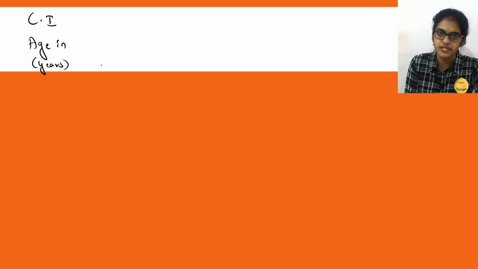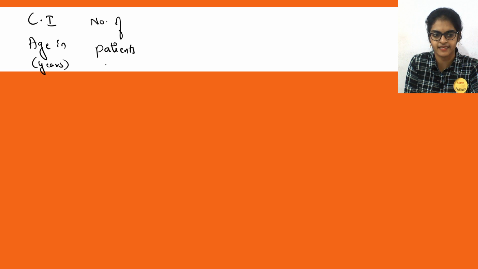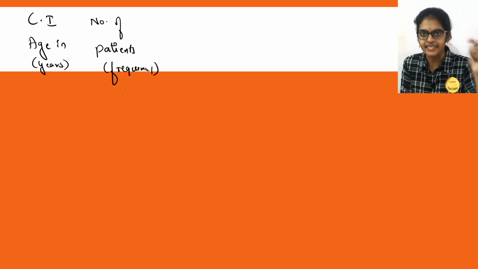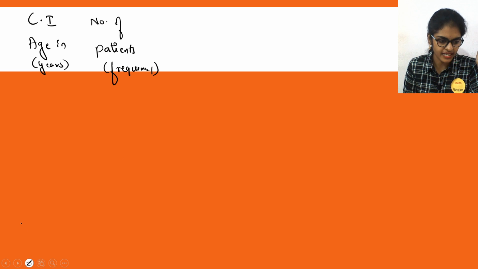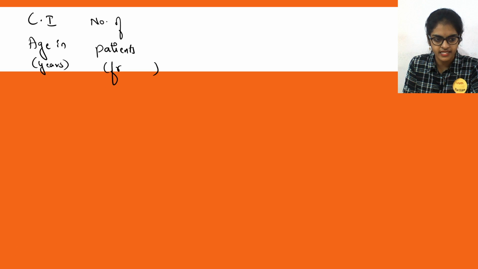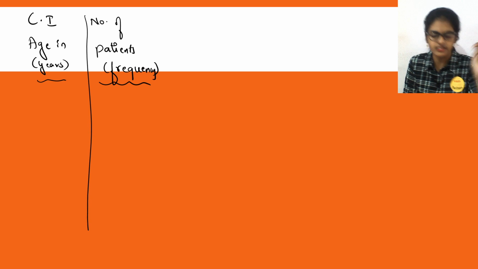And the second column is number of patients, which is nothing but your frequency. So let us write these two. Let me write this clearly so that everyone can understand. So yes, this is nothing but frequency.